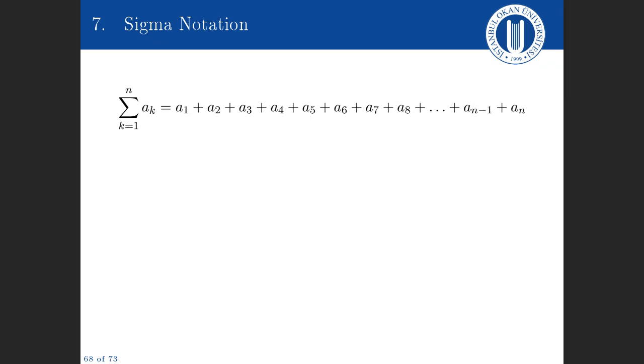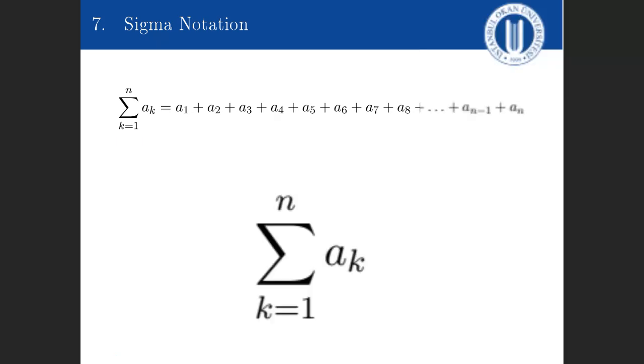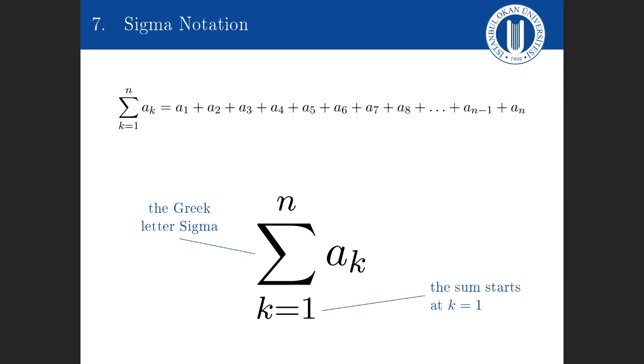We can write this as capital sigma from k equal to 1 to n, ak. This large symbol is a Greek letter, capital sigma. The k equal to 1 on the bottom tells us that when we do our sum, we start at k equal to 1, and the n on the top tells us that we finish when we get to k equal to n.